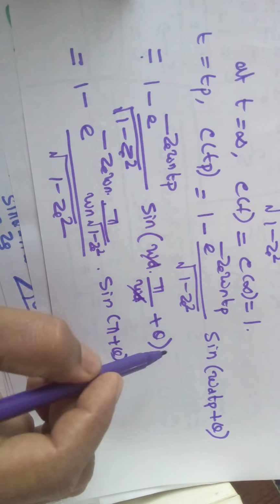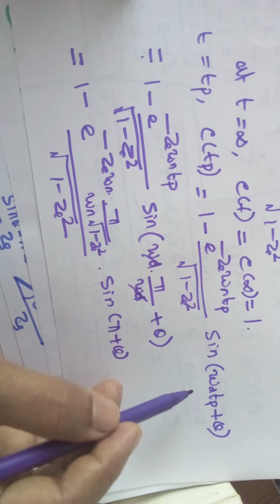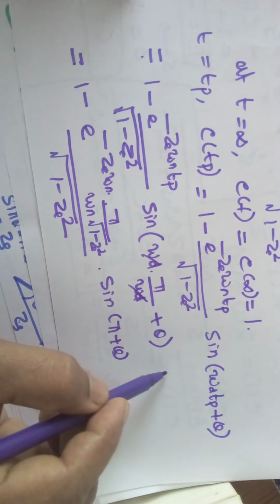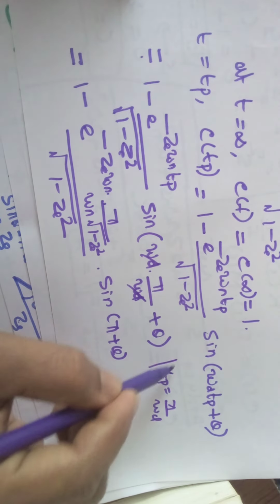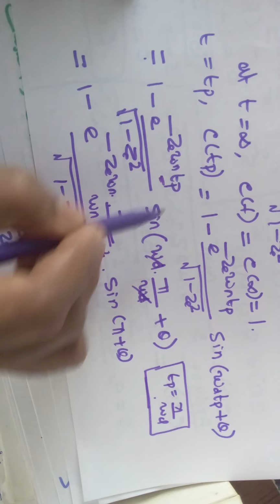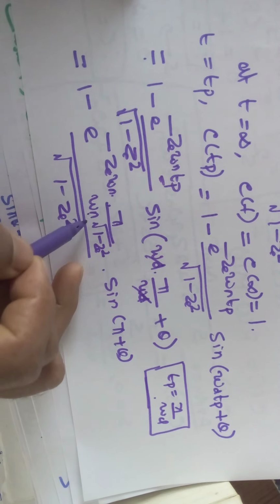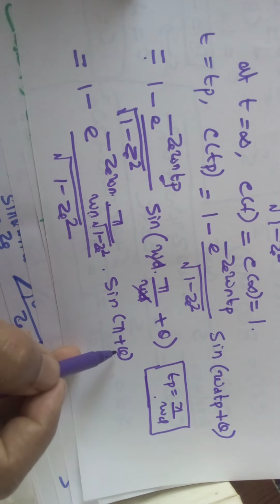Just listen here: you have already calculated Tp equal to pi by omega d. Don't forget this; we have just substituted this value into the equation. Omega d is omega n into square root of 1 minus zeta square. That's all. So sin of pi plus theta is coming.